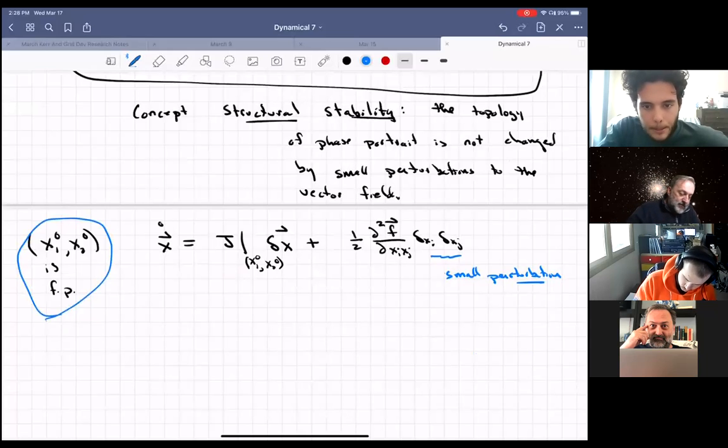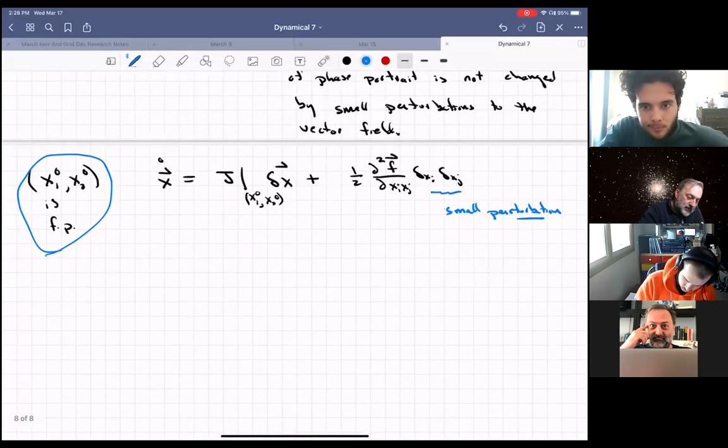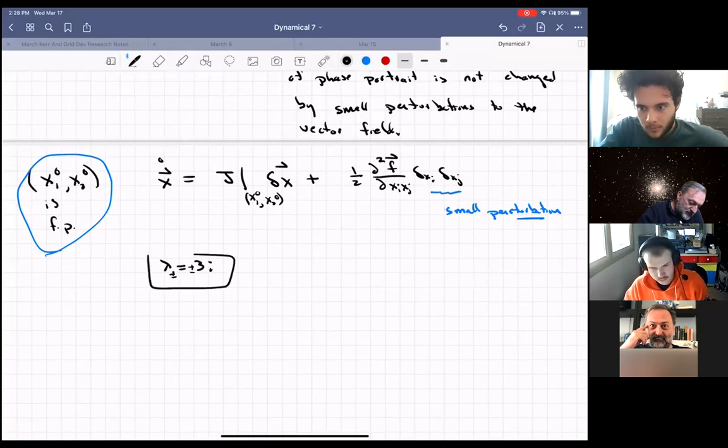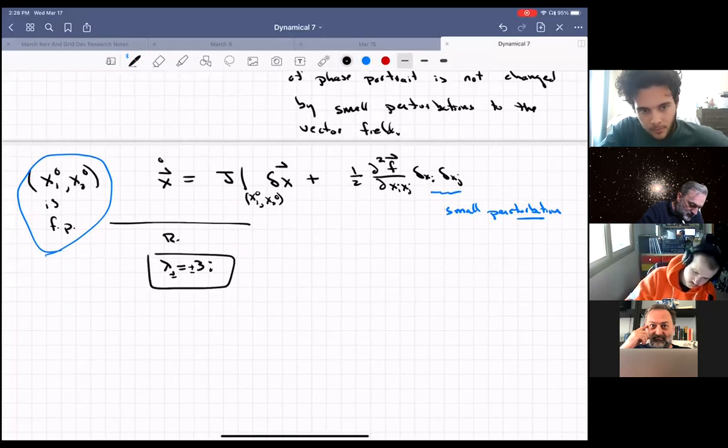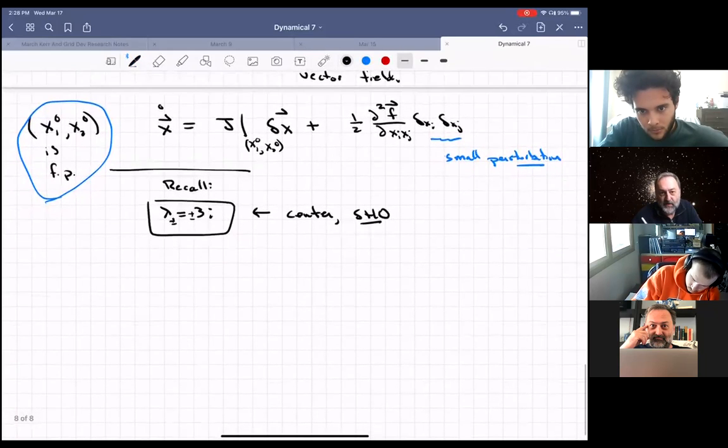So now, let's remember that lambda plus or minus being plus or minus 3i corresponded to a simple harmonic oscillator, or what we call in dynamical systems theory a center.